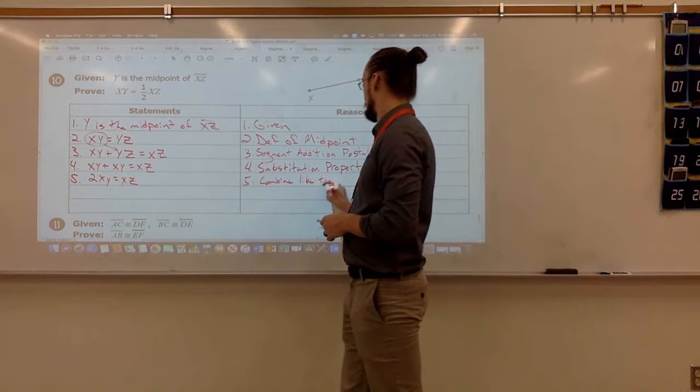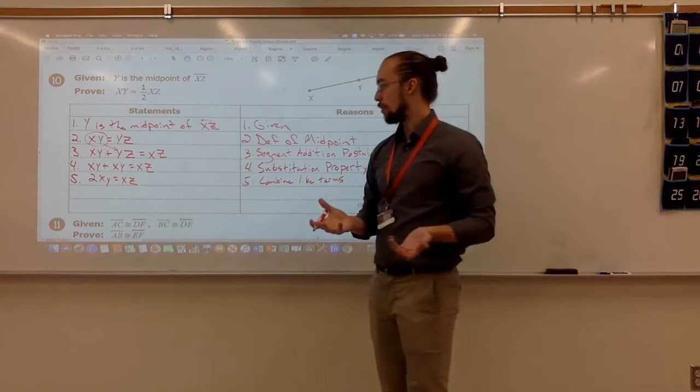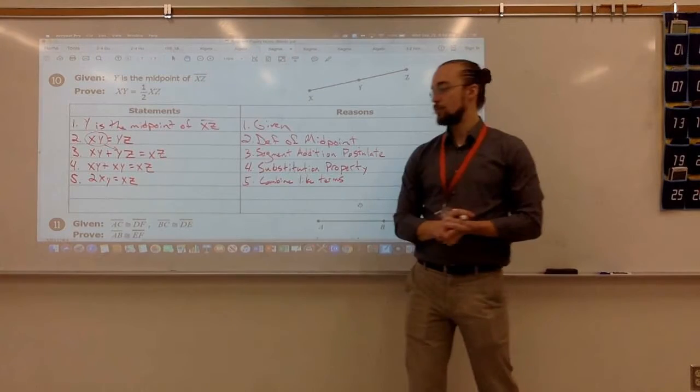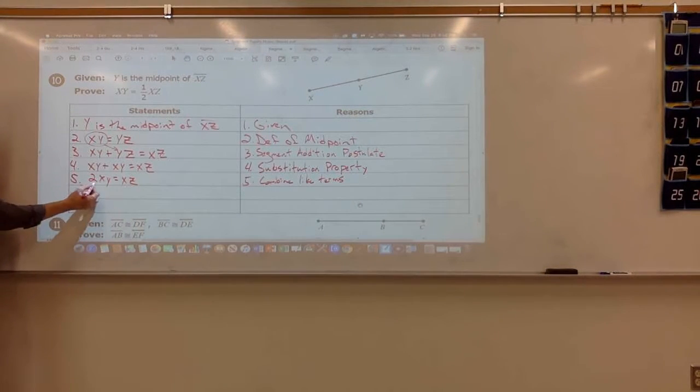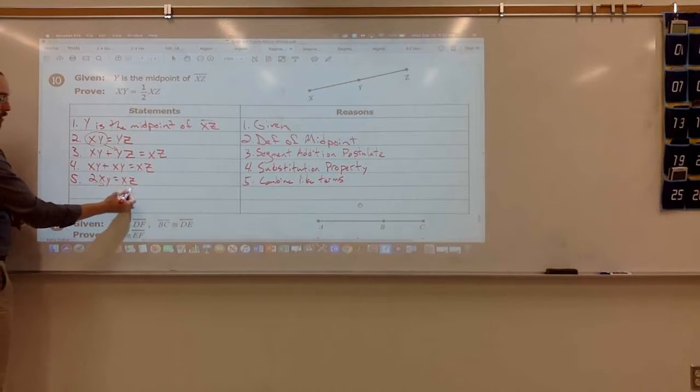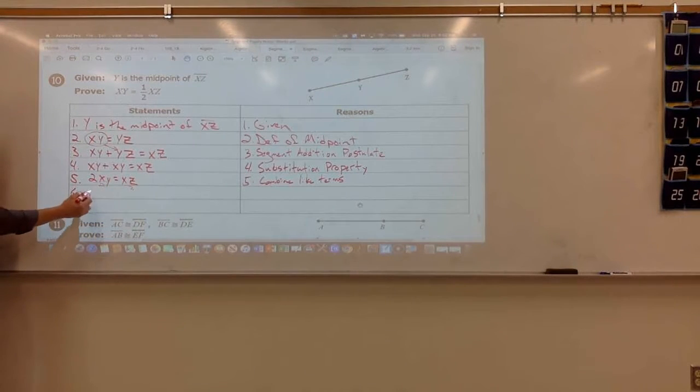And then what? Yeah, we divide both sides by 2. So if I divide both sides by 2, I get xy equals, now dividing by 2 and multiplying by 1/2 are the same thing, right?